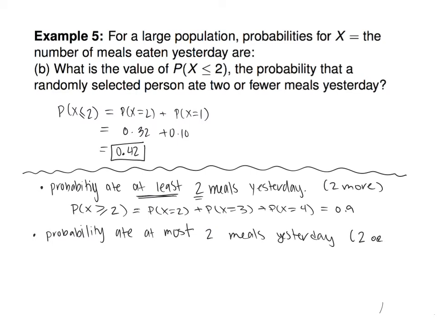So this is 2 meals or less, i.e. that's the probability that x is less than or equal to 2, which we found above was 0.42. So it will happen in your homework that you have to translate this at least into an inequality and this at most into an inequality. So be familiar with that.